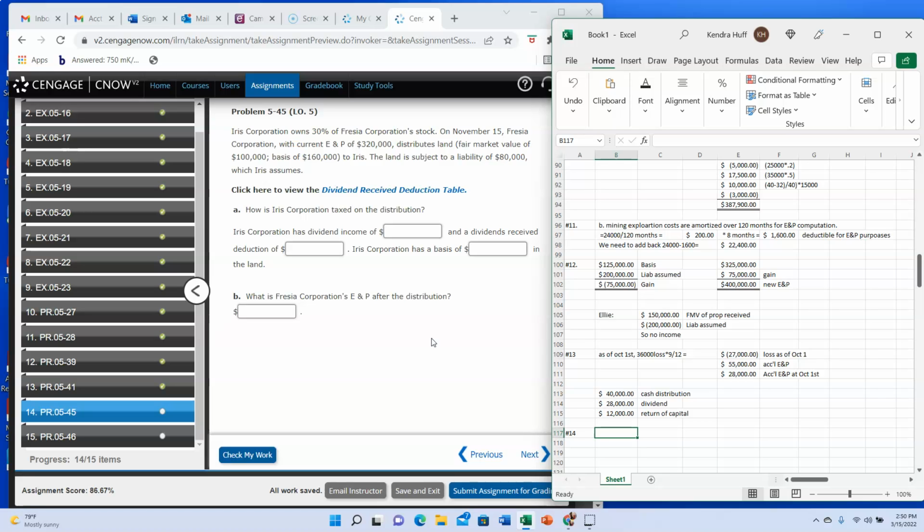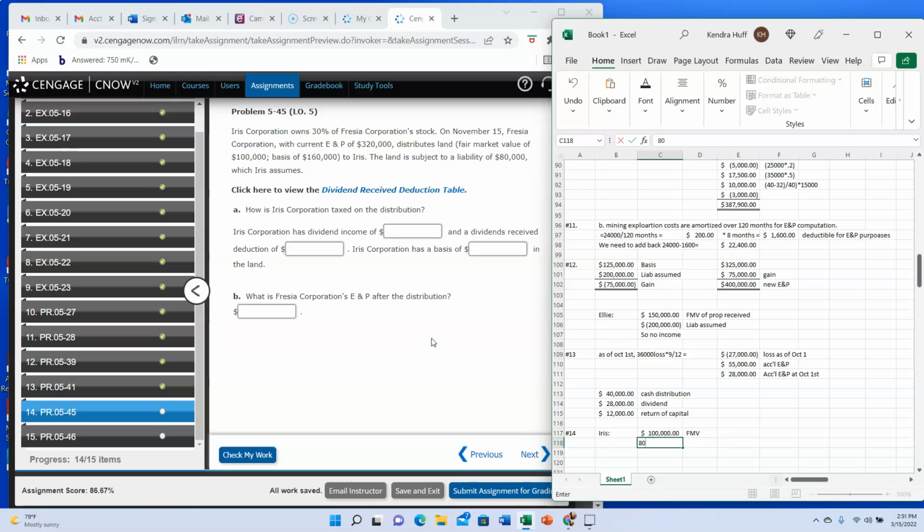Iris has dividend income of $20,000. So Iris got land. That's the fair market value.